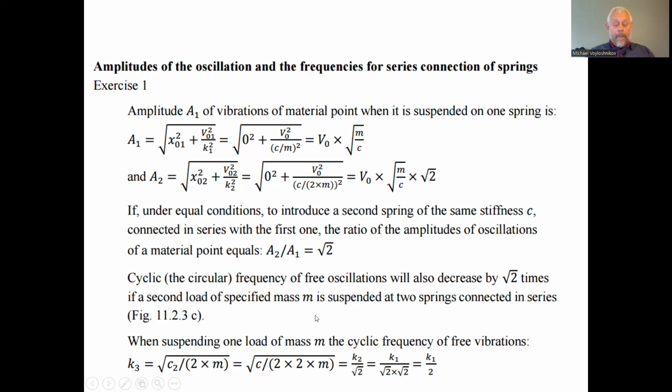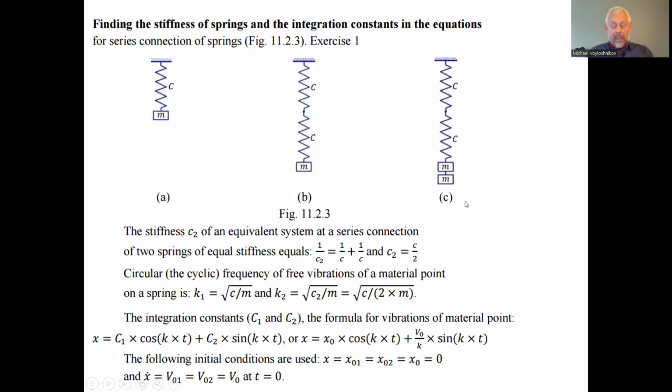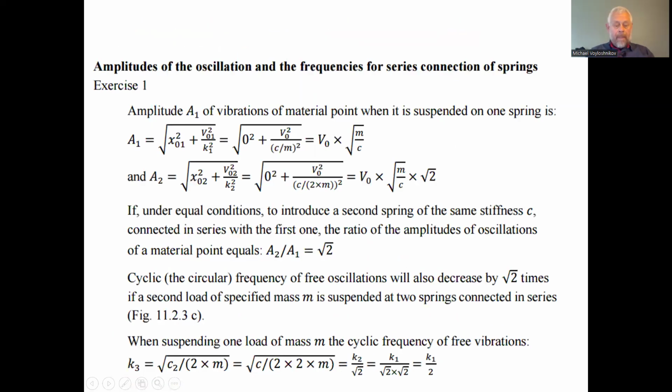And the cyclic or circular velocity: if we suspend a second load with the same mass to these springs connected in series, what will be the amplitude and the cyclic frequency of oscillation?